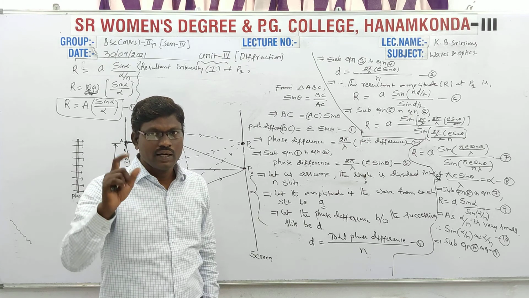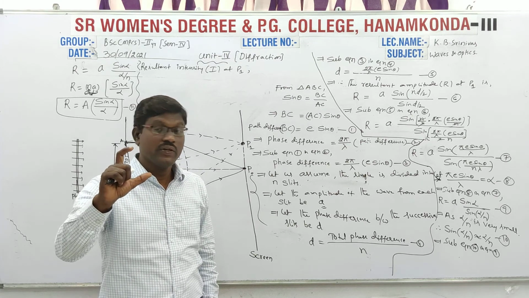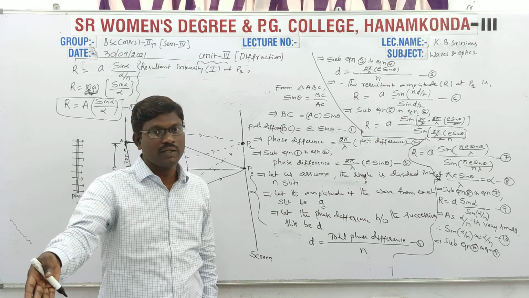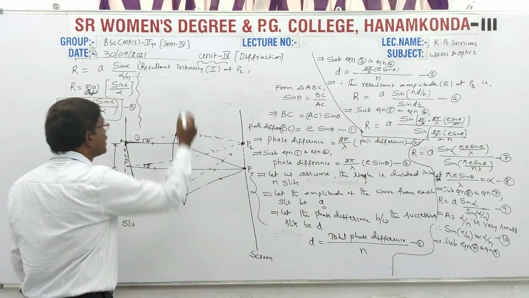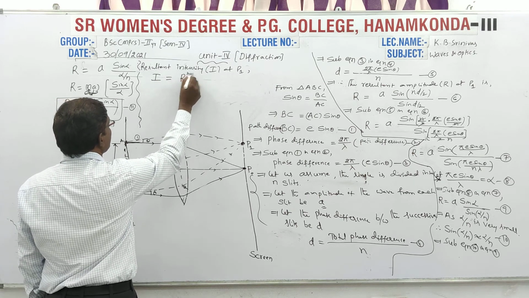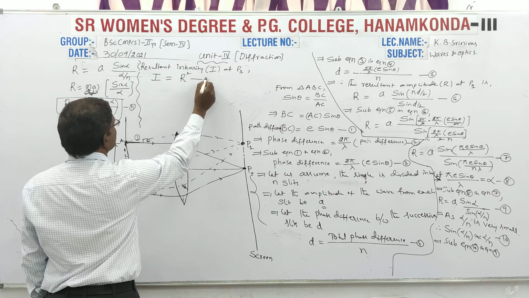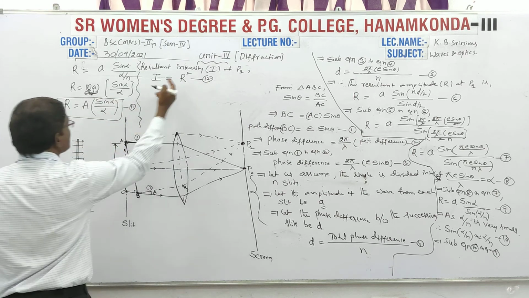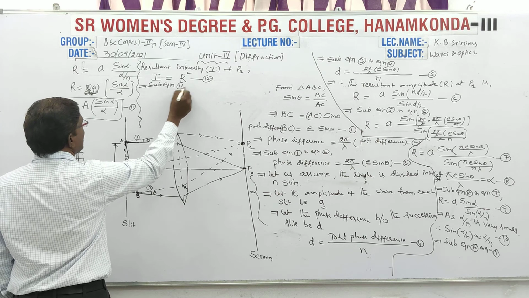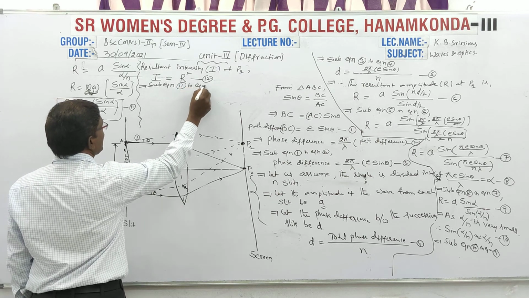Whenever we have the amplitude of a wave, we can calculate its intensity simply by squaring the amplitude. Therefore, intensity is equal to the square of the amplitude. Let this be equation number 12. Substitute equation 11 in equation 12.